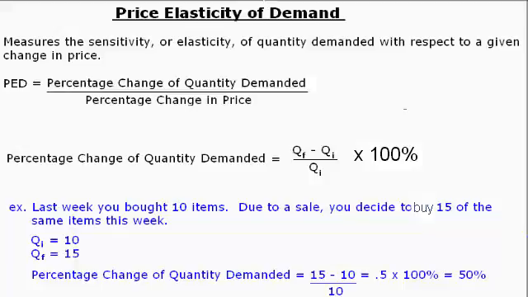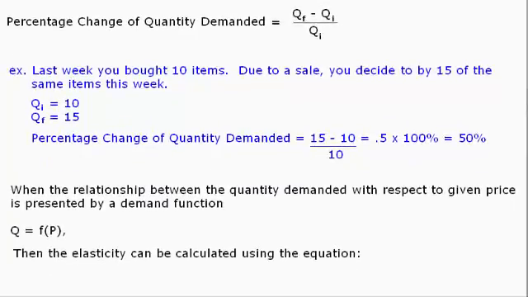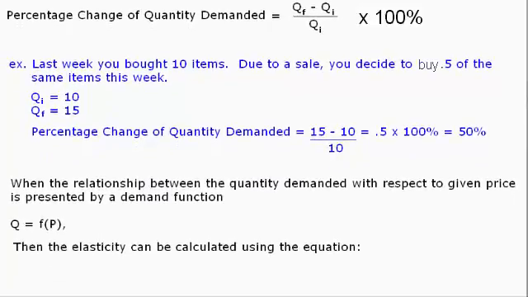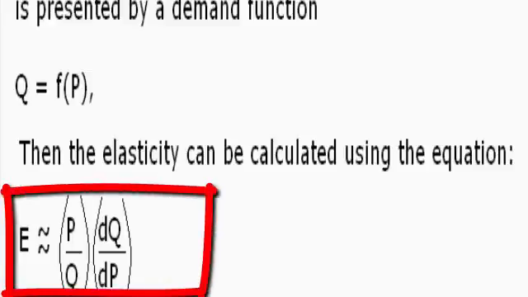Now, the question we've been presented with is a little more complicated. We're dealing with a demand function, and when the relationship between the quantity demanded and a given price is presented by a demand function, such as Q equals f of P, then the elasticity can be calculated using the equation P divided by Q multiplied by the derivative of the demand function.